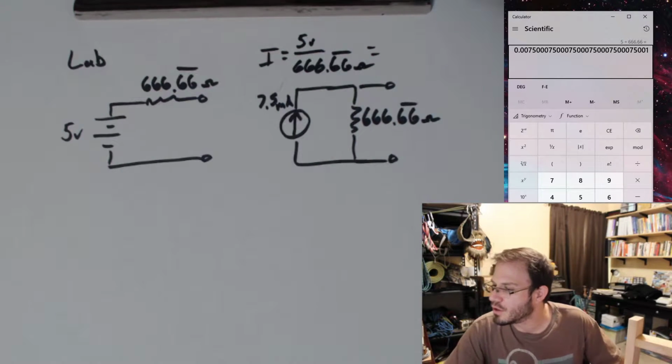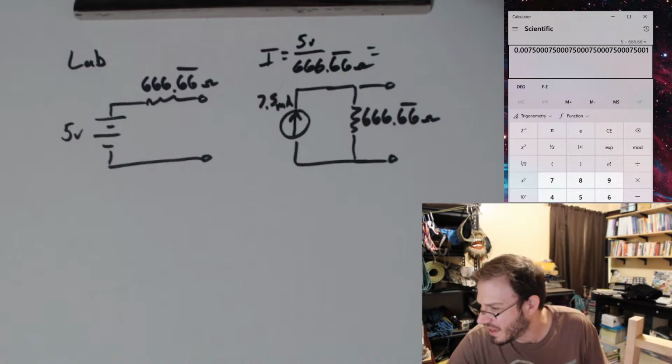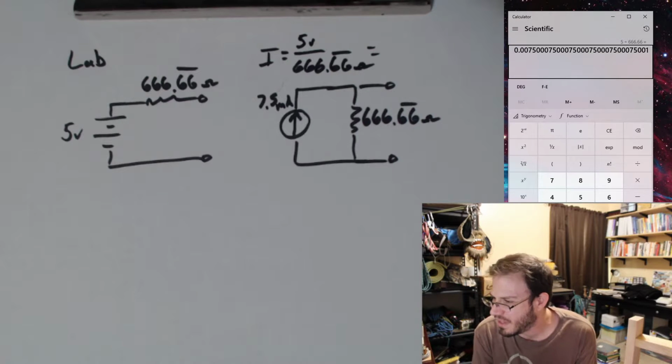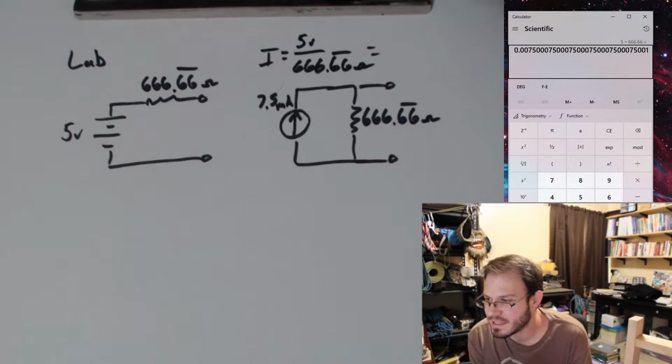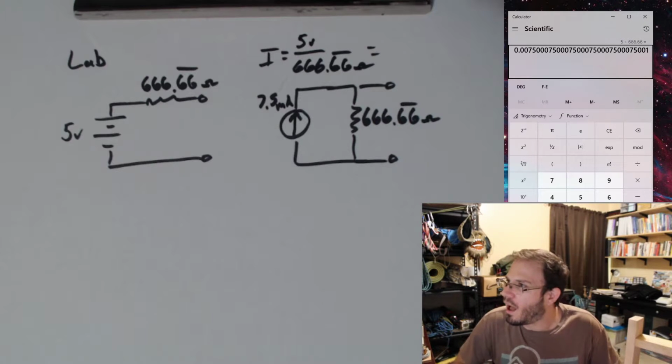Okay, so source transformation works. Very cool. Yeah, 7,500 microamps, same as 7.5 milliamps. Cool.